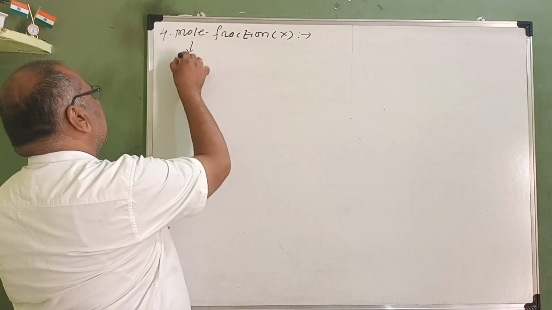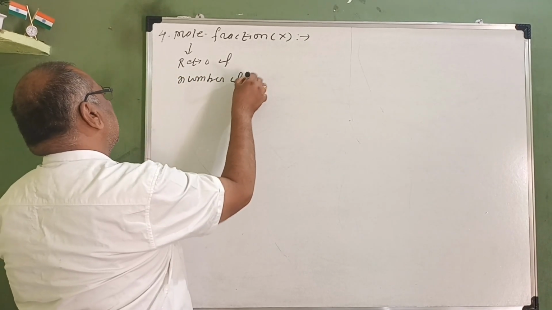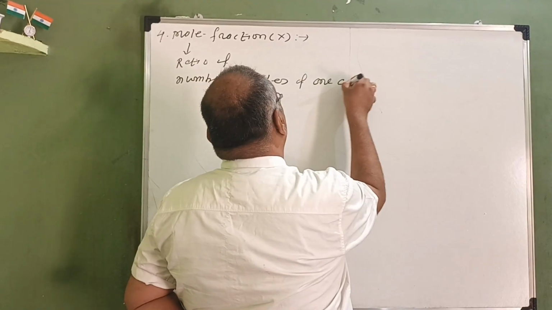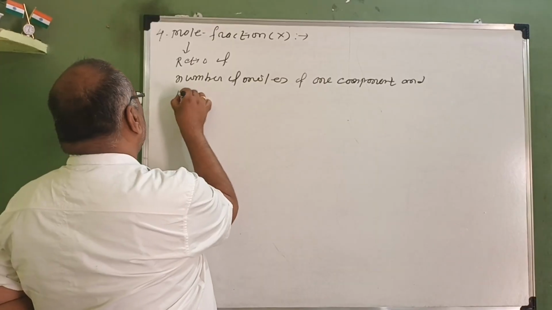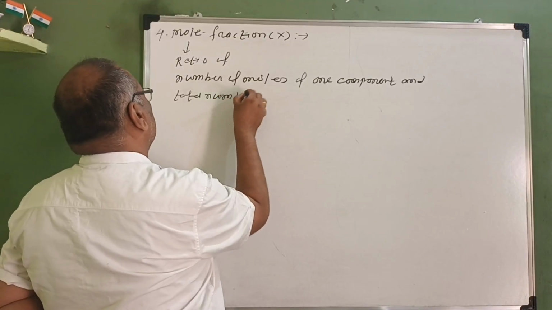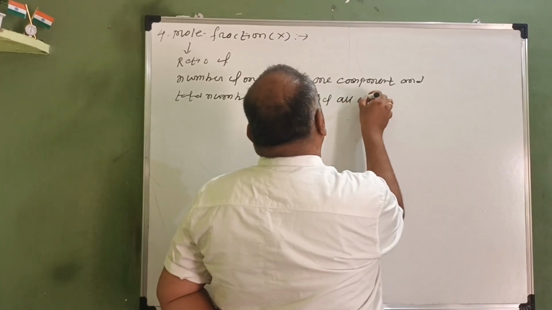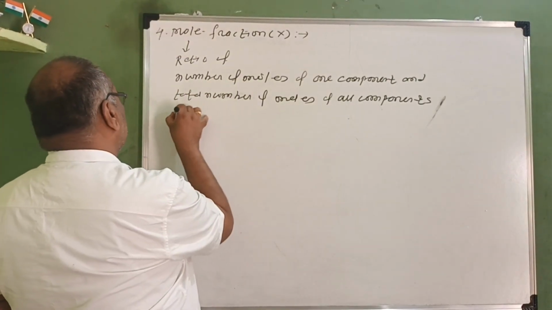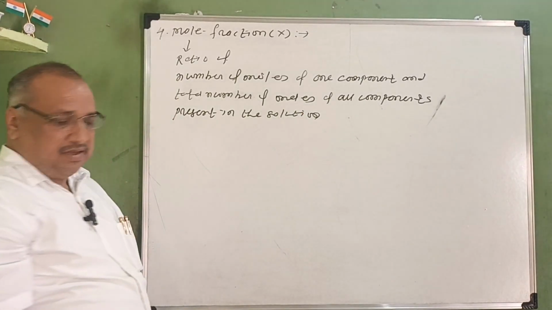Mole fraction is nothing but the ratio of the number of moles of one component and the total number of moles of all components present in the solution. Now it is represented by small x.